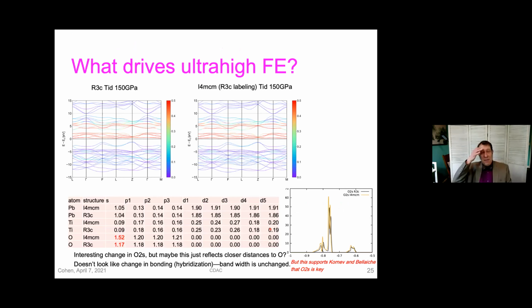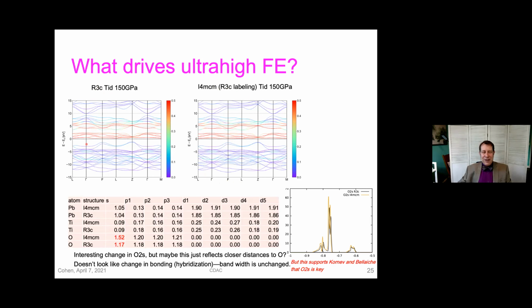So if we look at the electronic band structure for the ferroelectric structure on the left, the R3c, and the non-ferroelectric I4/mcm on the right, except with the R3c labeling of the points here, or maybe it's vice versa. Anyway, they're labeled the same. So it's really hard to tell any difference here. I mean, you can look at these a long time.